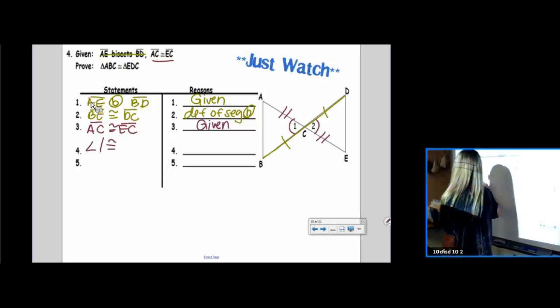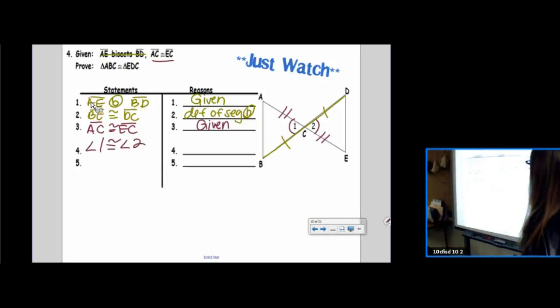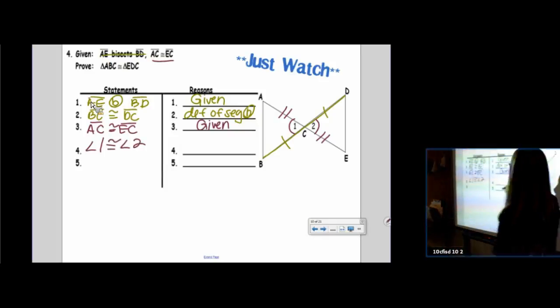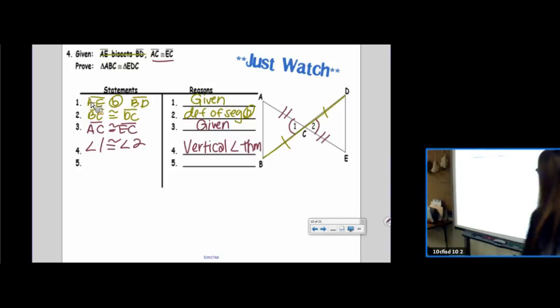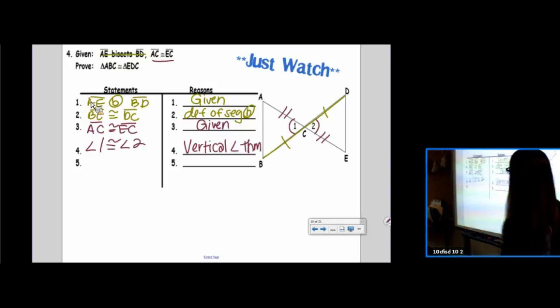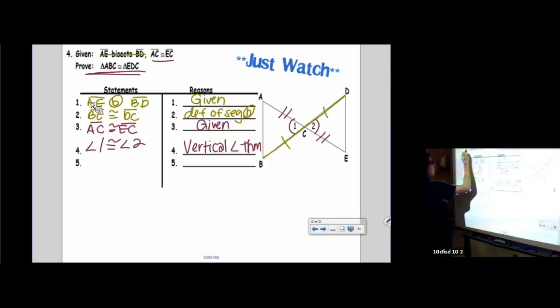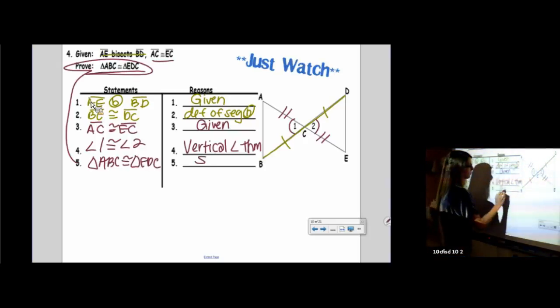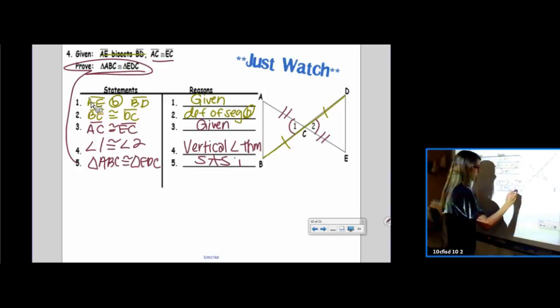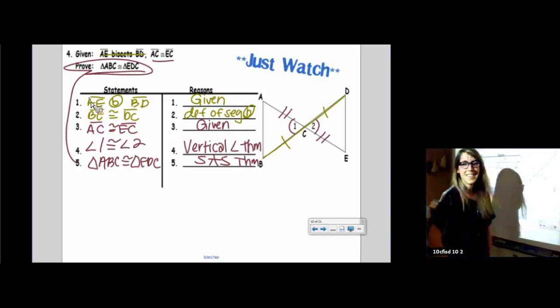What do those arcs even mean? They mean angle 1 is congruent to angle 2. And why are we allowed to say that? Vertical angle theorem. And I always know what goes in the last step. I always know it's to prove ABC is congruent to EBC by the side angle side congruence theorem.